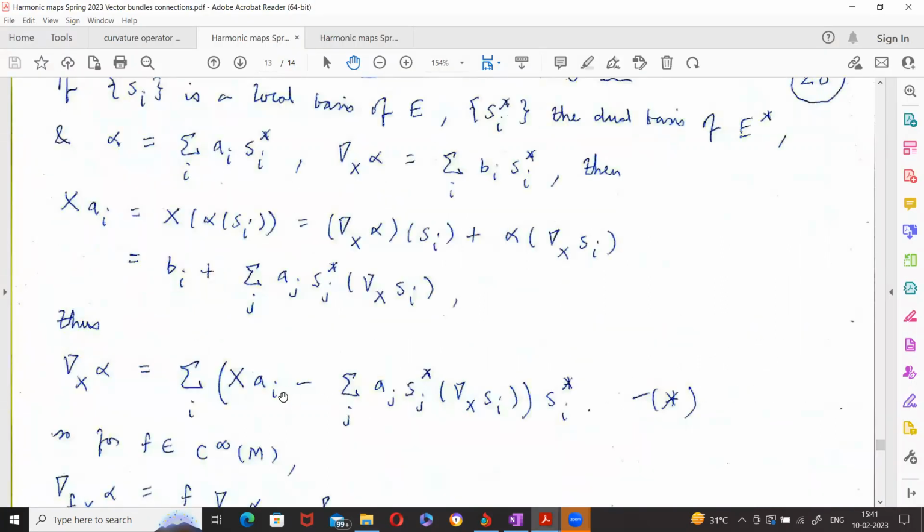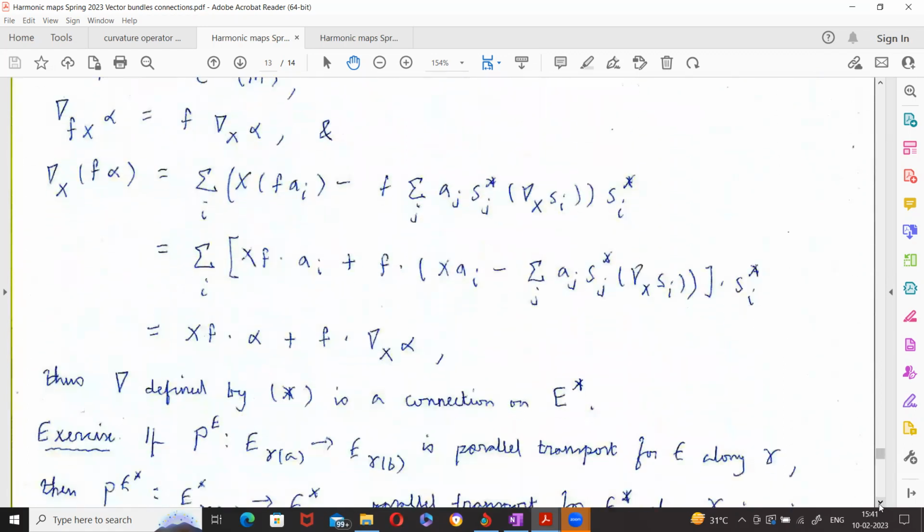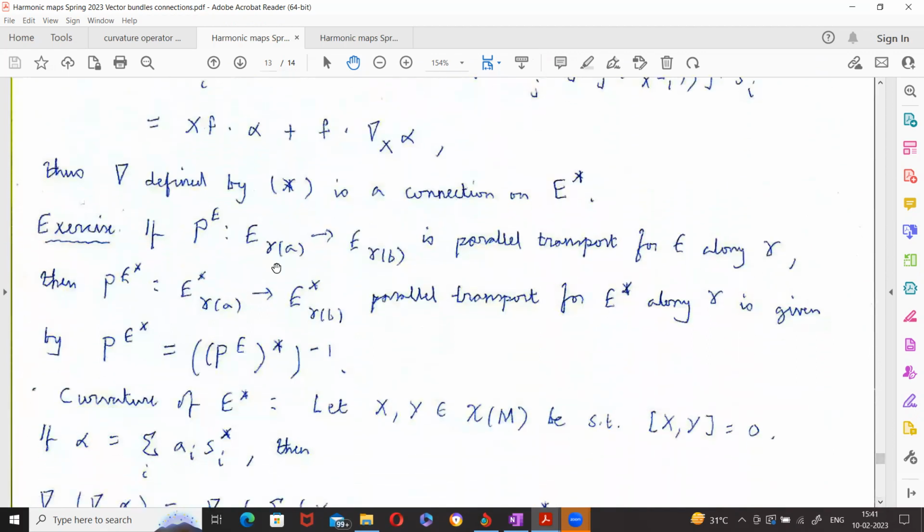We can take this formula that we've given here as the definition, and I leave it to you to do as an exercise that with respect to this dual connection, the parallel transport for the dual bundle is given by taking the parallel transport for the bundle E, taking its dual and then its inverse.